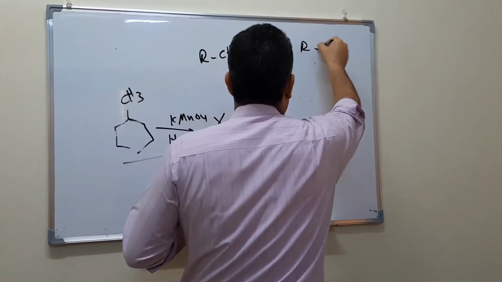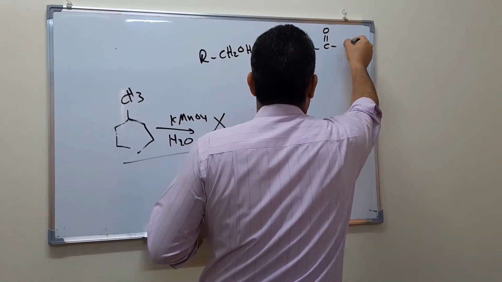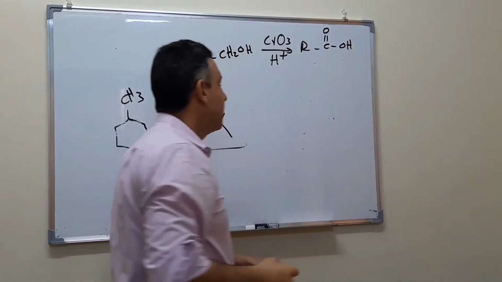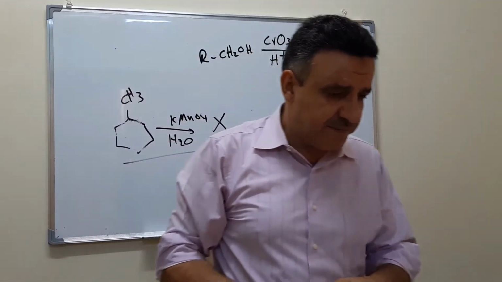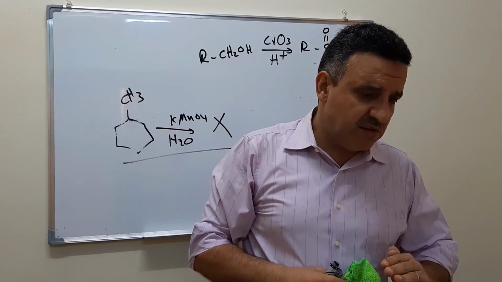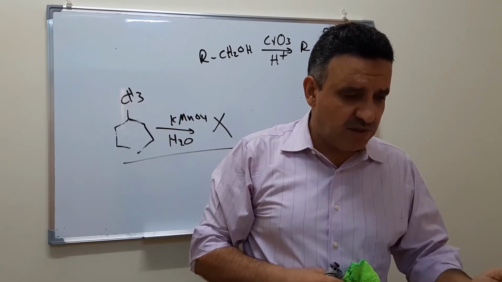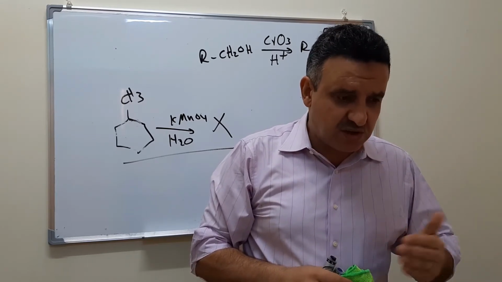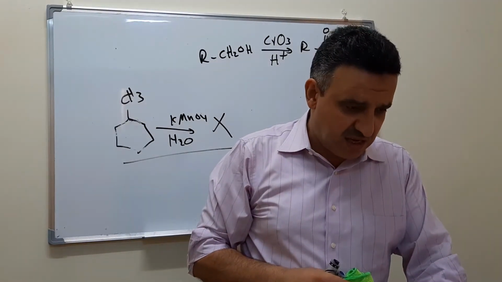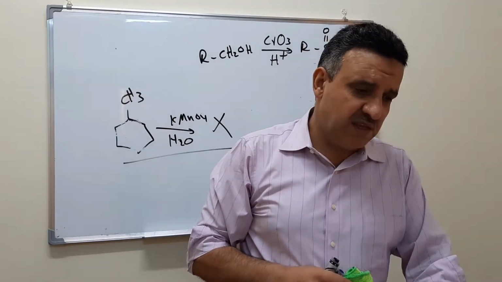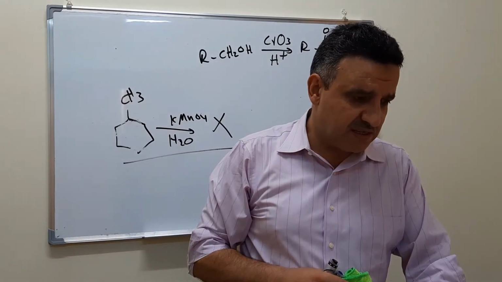We can simply convert it into the corresponding carboxylic acid. Remember that for the oxidation of either a primary alcohol or an aldehyde, we need a strong oxidizing agent, not a mild oxidizing agent. PCC cannot convert these two functional groups into carboxylic acid.